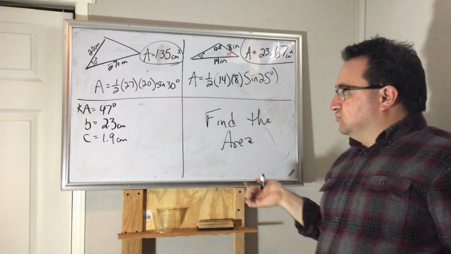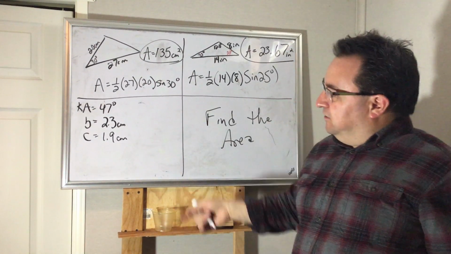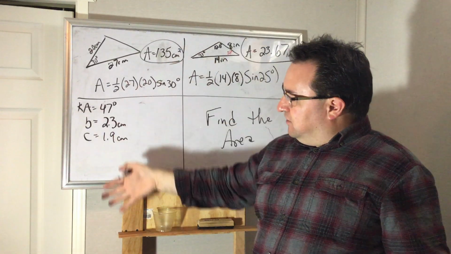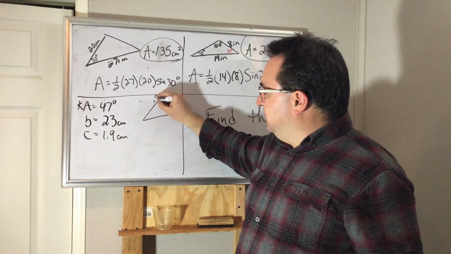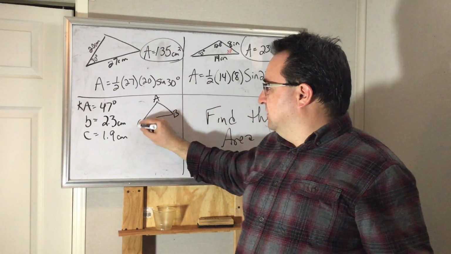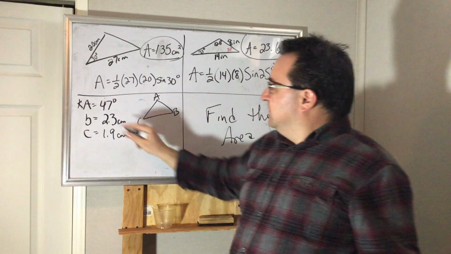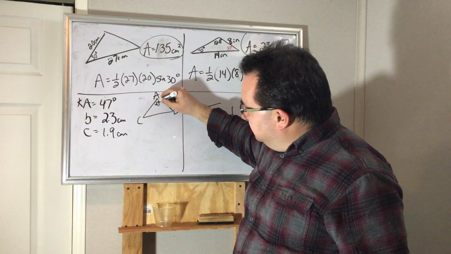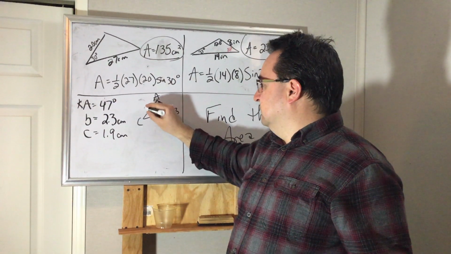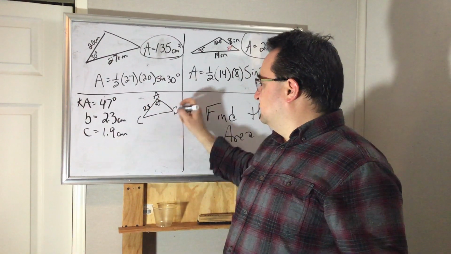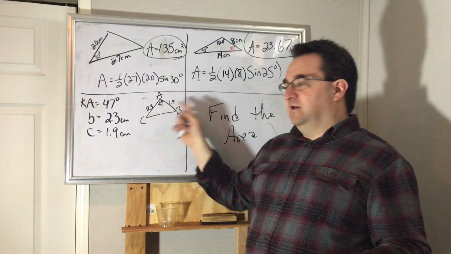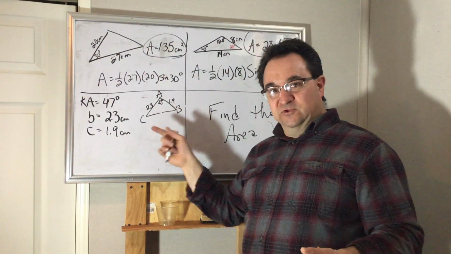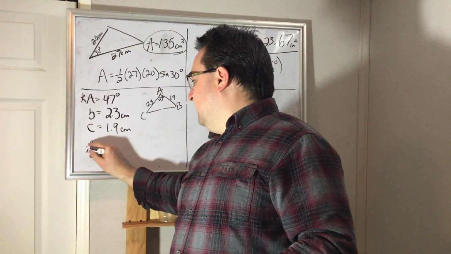Here, you could draw the picture. We won't even draw it here. Well, we'll draw it. Just to change things up, let's put A here, B here, and C there. It really doesn't matter. So this is 47. B would be over here is 2.3. C is 1.9. See visually how when you use all three letters like that, I get two sides of the angle in between. So you could draw it, you don't have to.